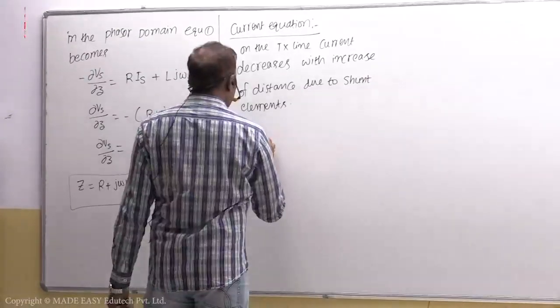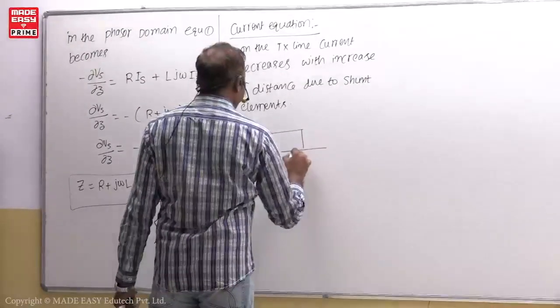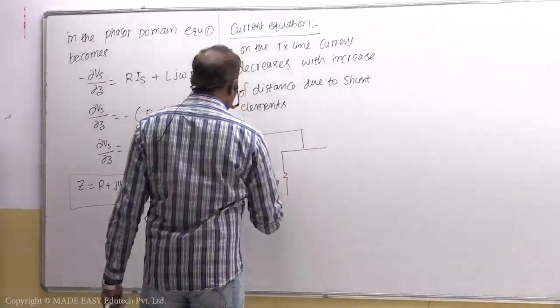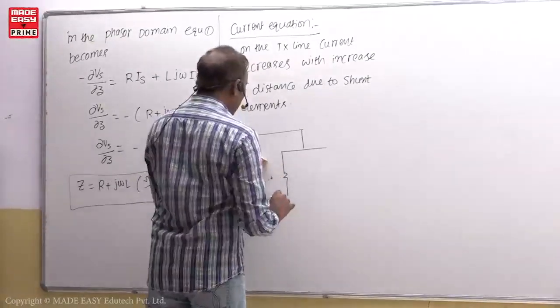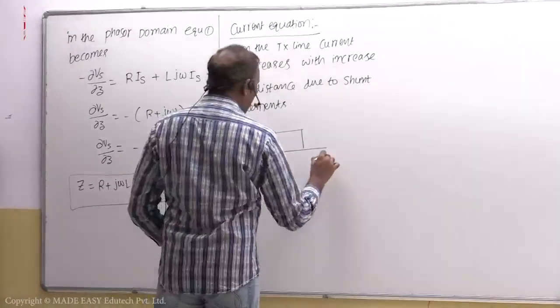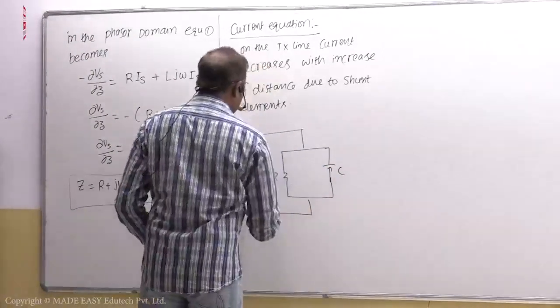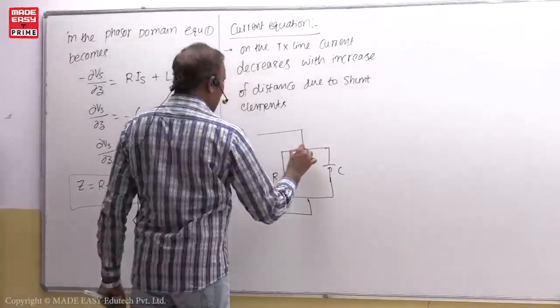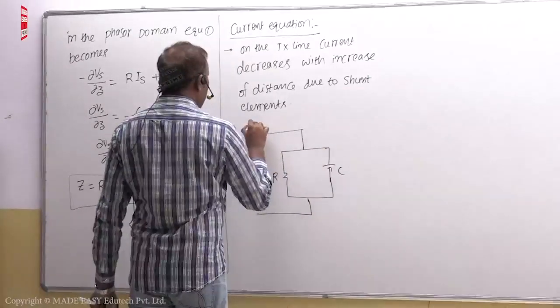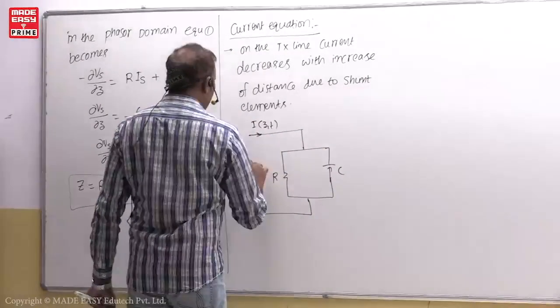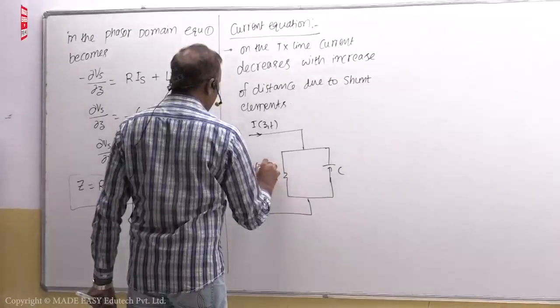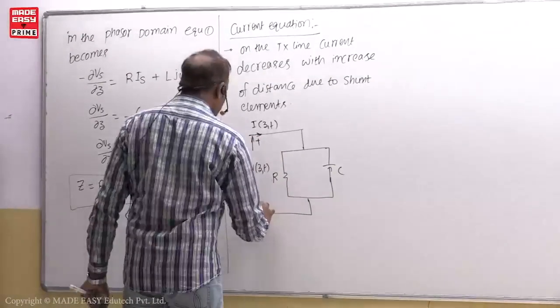So that is why these shunt elements are R, simply you write R, in the network theory model we are writing, and C. So here let us say this is I of z comma t, and this is V of z comma t, the voltage across them.